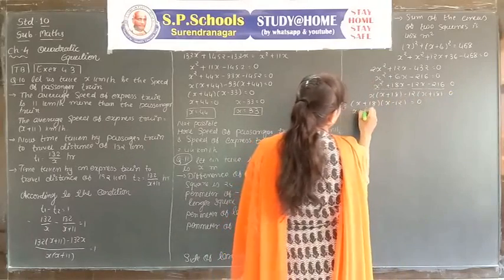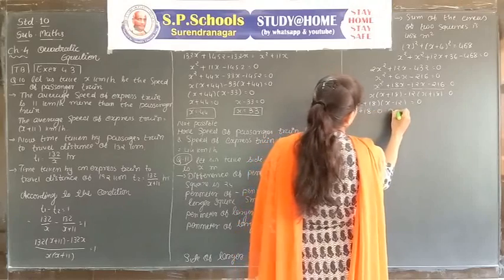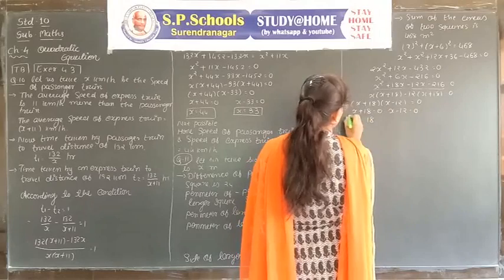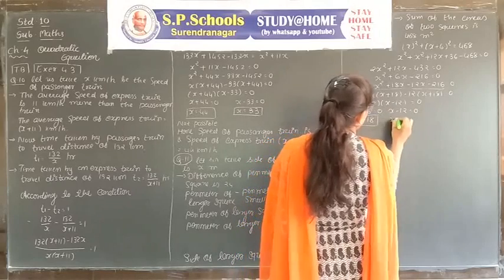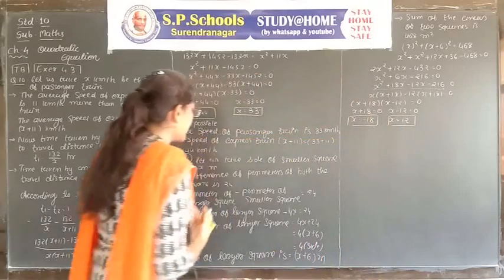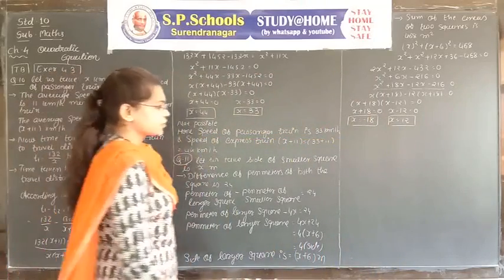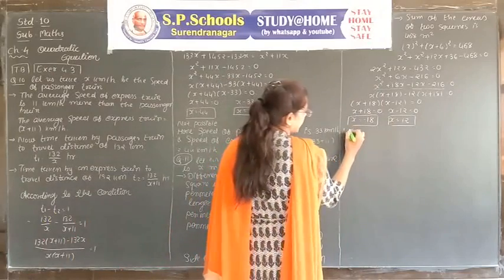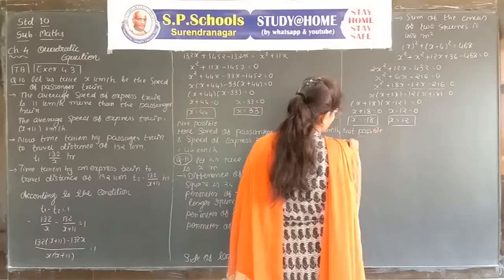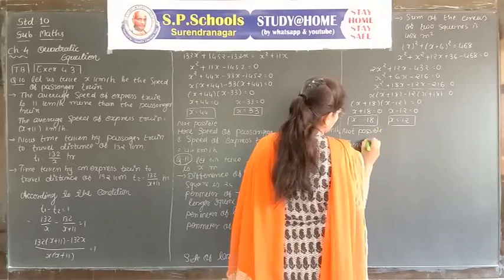On comparing both with 0, we get two values of x. One time x is equal to minus 18 and the second time x is equal to 12. Here, x is the side of the square. Side can't be negative. That's why it is not possible. Here the answer is obtained.